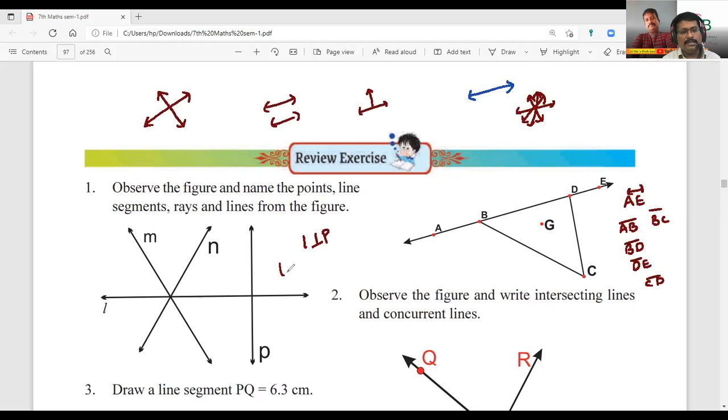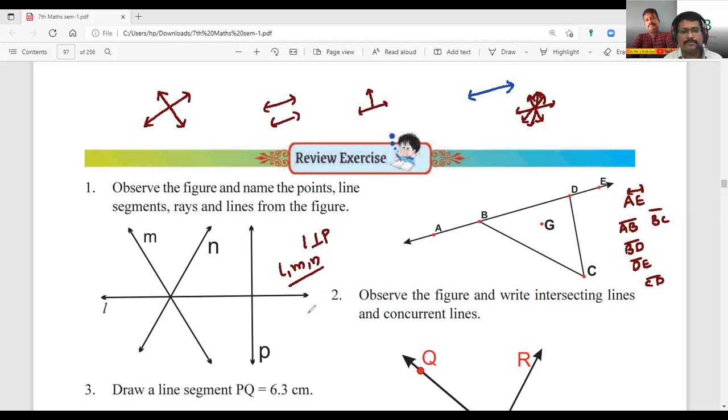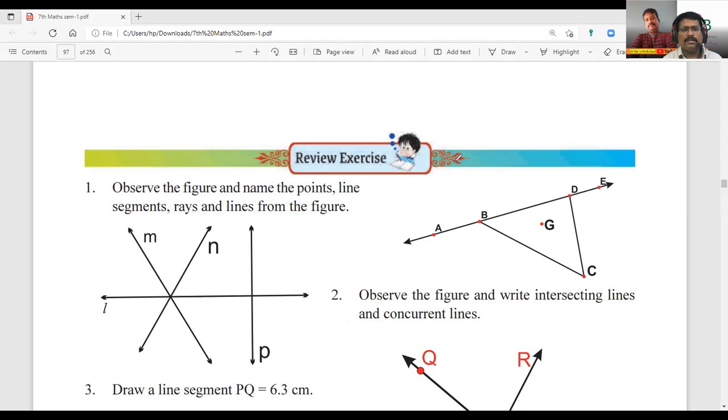So L, M, N are concurrent lines, and the answer is complete.